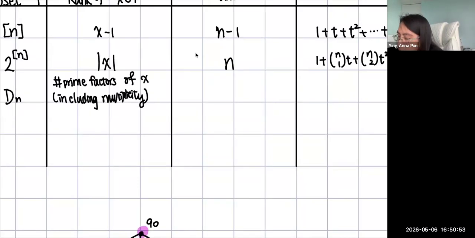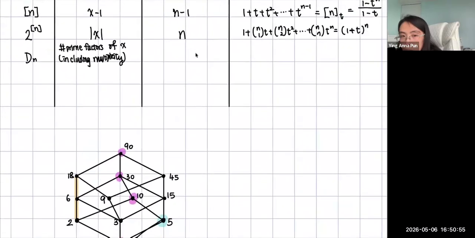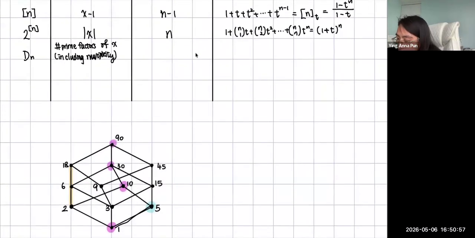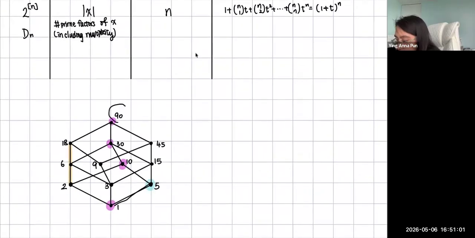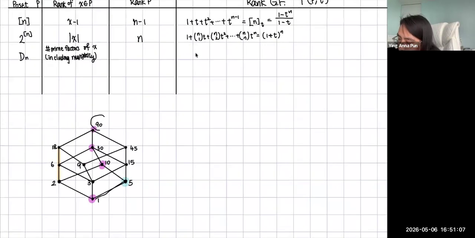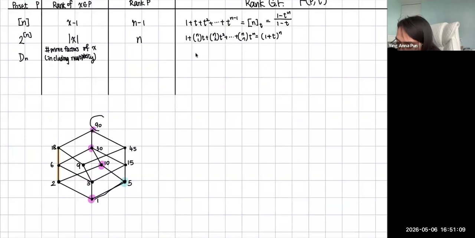All right, and so what is the rank of the whole poset? Well, the same idea. That's the same as asking what is the rank of this top element, which is again the number of prime factors of n. So basically the same thing as we have here, but change the x to n.